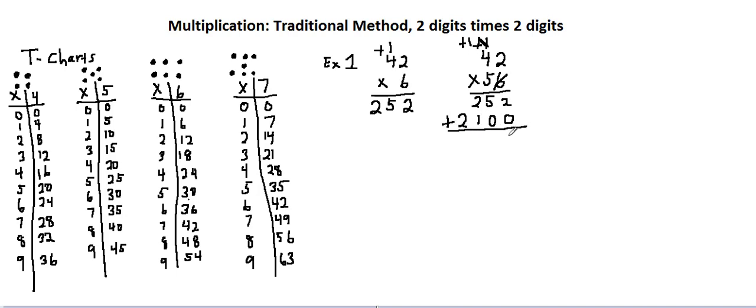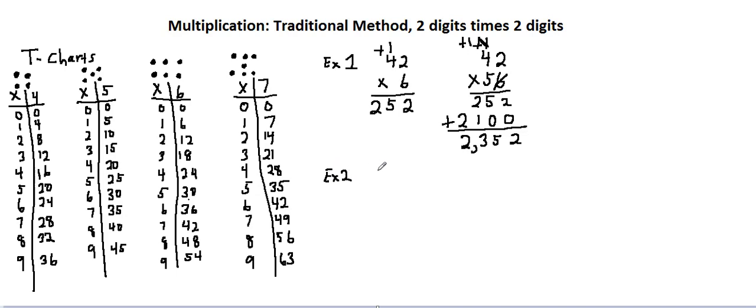So then we take those and we add them together. So 2 plus 0, 5 plus 0, 2 plus 1, and 2. So 42 times 56 equals 2,352.